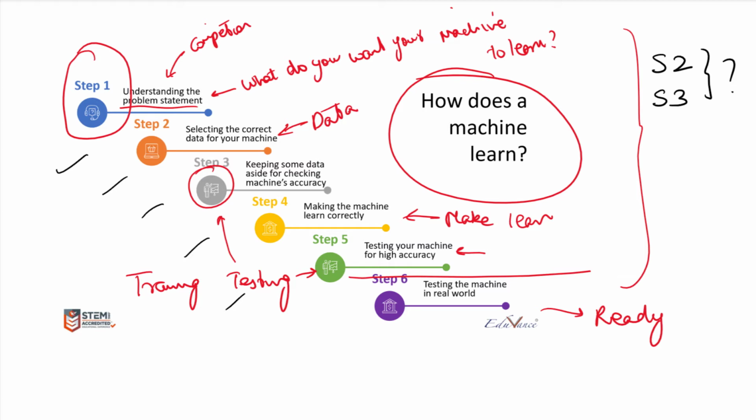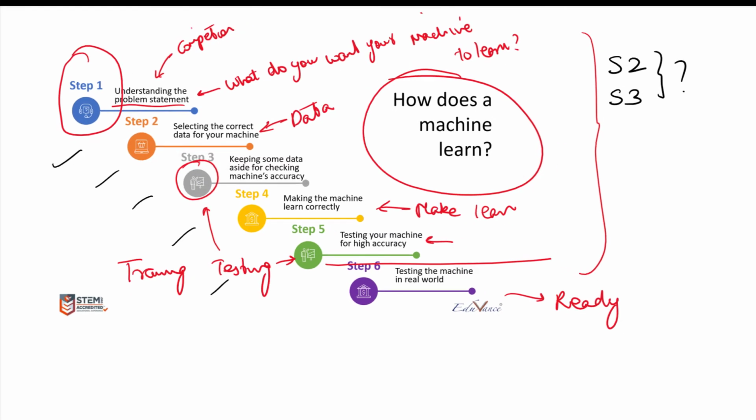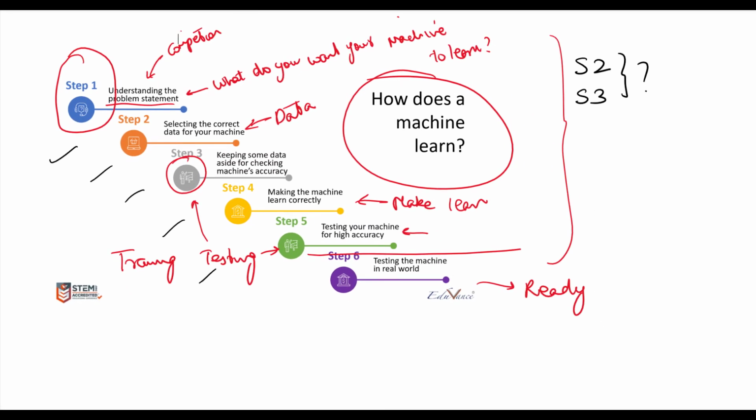In step 3, the teacher had used some questions to test Jimmy. Step 4, the teacher was teaching Jimmy. Here we are making the machine learn. And in step 5, we were testing Jimmy. If you remember, Sarah was testing Jimmy and preparing the confusion matrix, or she was calculating the error.